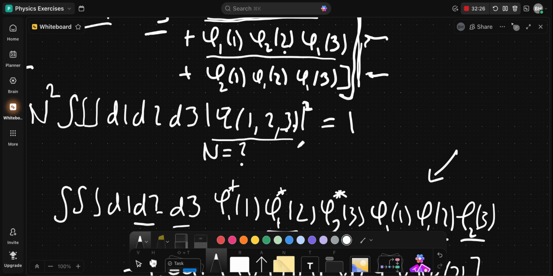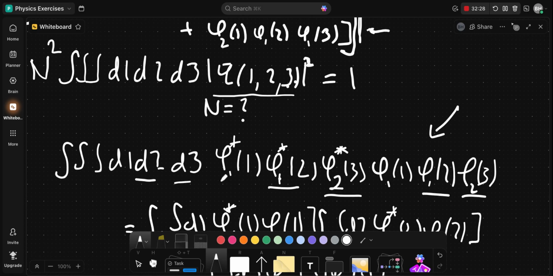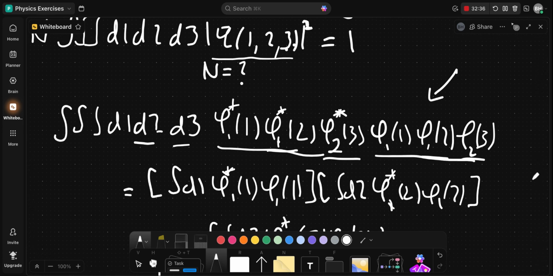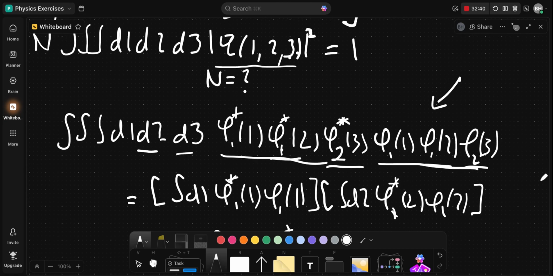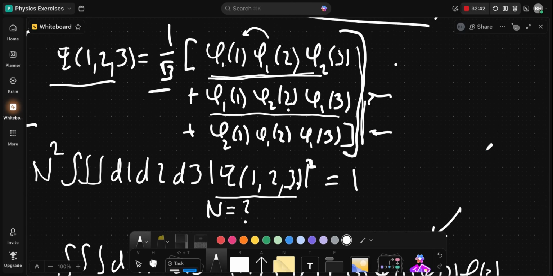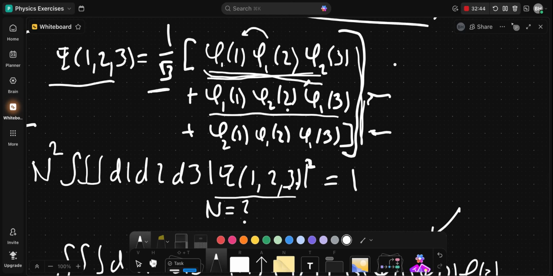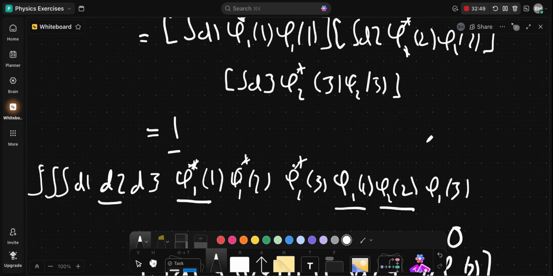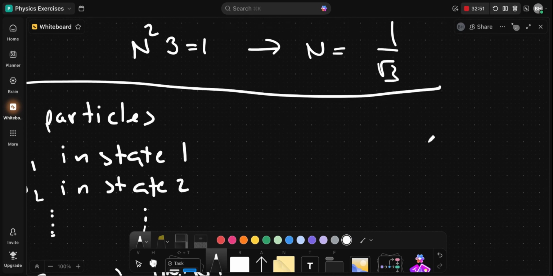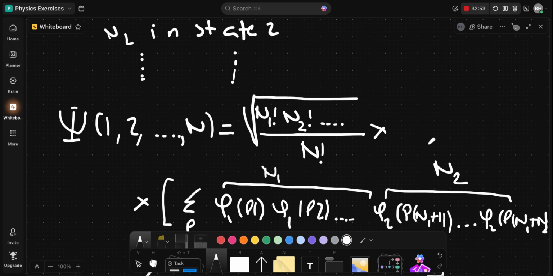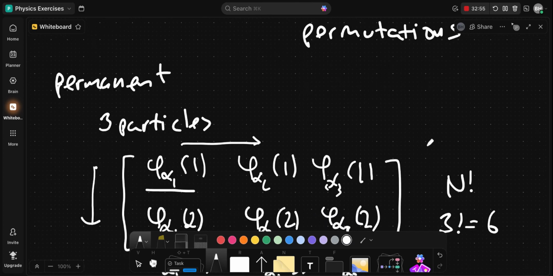This is a like term, because we have the same permutation on the asterisk side and the non-asterisk side, and that gave us a 1. When we did the unlike terms, for example this particular permutation with this one, we got a 0. And I'll just state without proof, although I think it's pretty obvious, that the same thing happens in the many particle case.